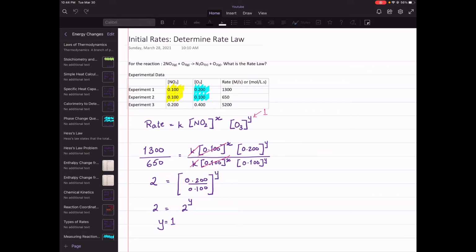So I'm going to now try the same equation. So I'm going to do rate 3 over rate 1. Okay, and so let's do that for the two.